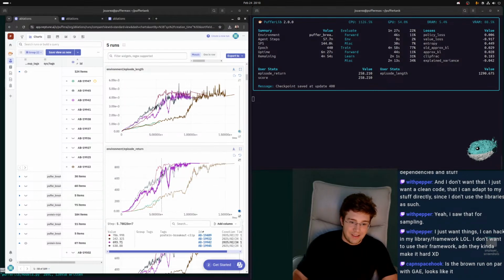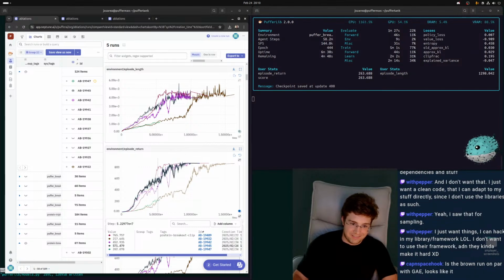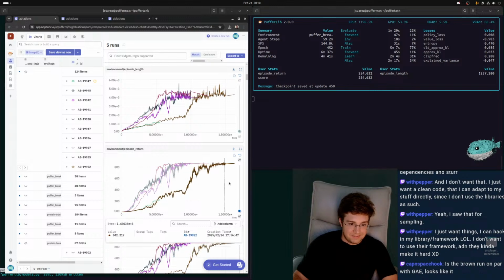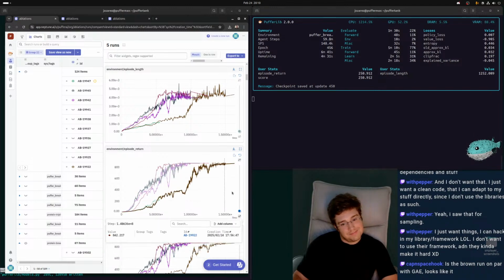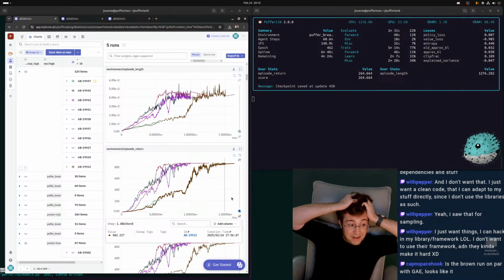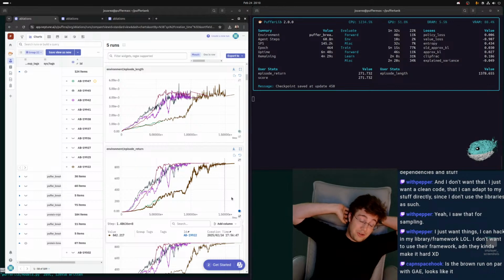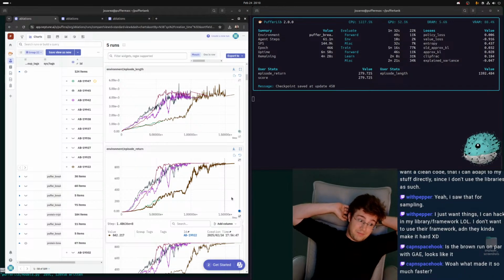Captain, these are both no GAE right here. The only thing we haven't figured out yet is how to make it robust when you have longer value prediction horizons.